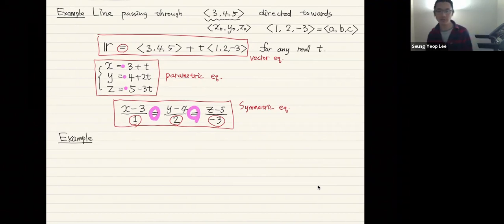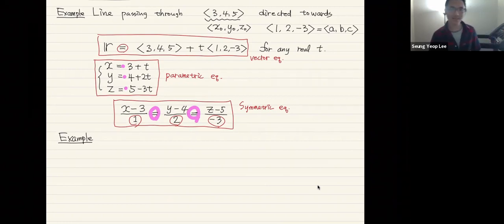Y-intercept is where it hits the y-axis. If the line is given in 3 dimensions, there may not be an x-intercept, right? The line can completely avoid the x-axis. 3-dimensional space is much wider than 2-dimensional space, so you can draw a line that doesn't hit the x-axis very easily. So no x-intercept in general, no y-intercept, and no z-intercept.